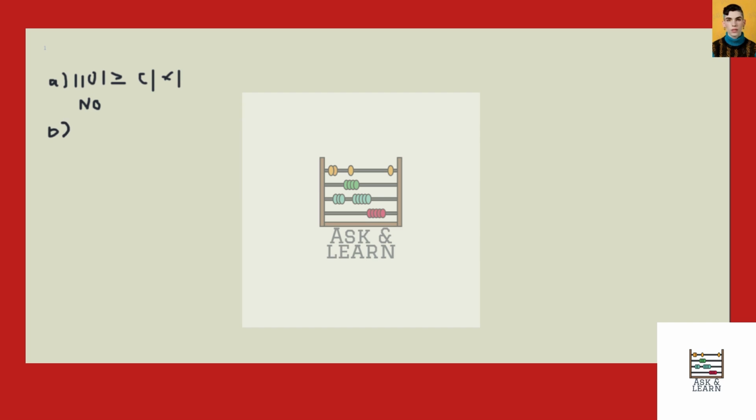For part B, we have f of x is equal to 3x plus 7 and g of x is equal to x. So let's say k is equal to 7, then we know x is bigger than 7, and the absolute value of f of x is equal to the absolute value of 3x plus 7, and this is equal to just 3x plus 7, which is bigger than 3x plus x.